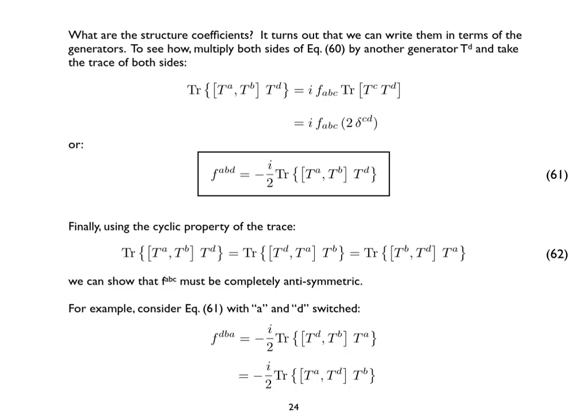So I'm taking our Lie algebra and I'm hitting it from the right with another operator, TD, and then I take the trace. Okay, and so then I use the identity that the trace on the right-hand side gives a delta function in CD times 2, right? And so I can write down what FABD is, and you can see that you can write it in terms of the generator matrices. Okay.